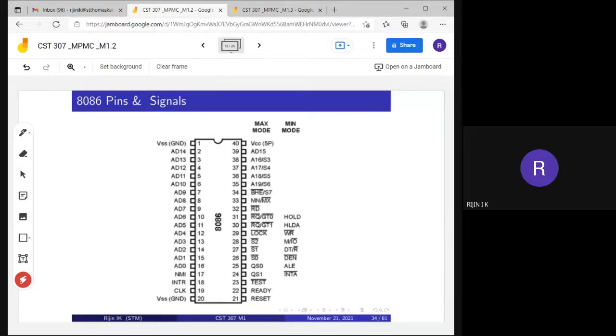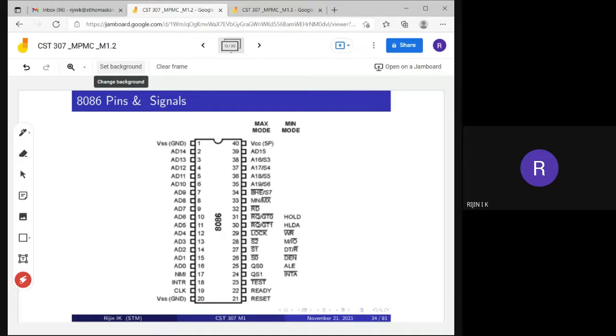In minimum mode, it is a single processor configuration mode. That means all the control signals needed for memory and IO operations are provided by the single processor.